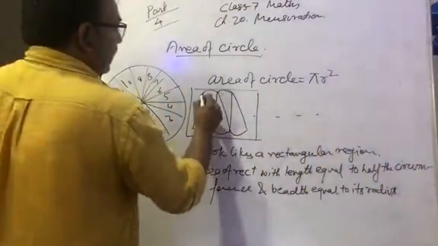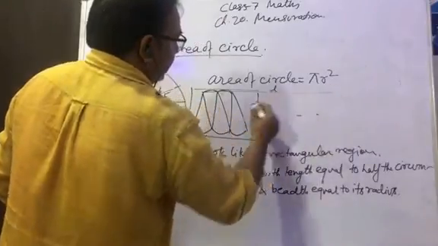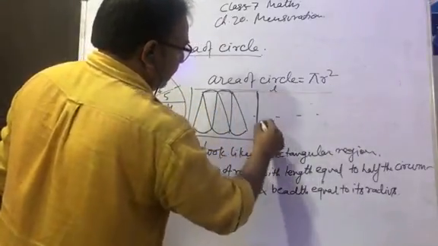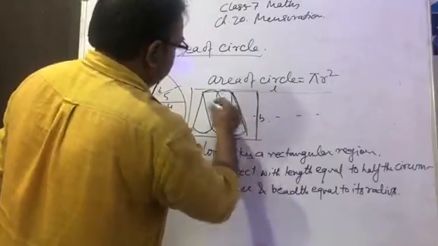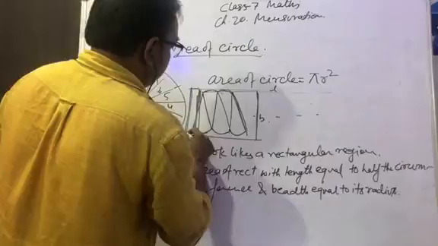Because you can see the length is here, like you can continue, then the length is like this, and breadth, see this is the breadth, so the breadth is the radius. If we draw it straight, then the breadth will be equal to the breadth.